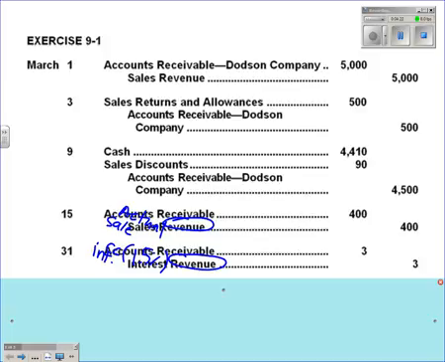What is 400 times 1.5% times 1/12? Someone do the math on a calculator. 400 times 1.5% or 0.015 times 1/12.